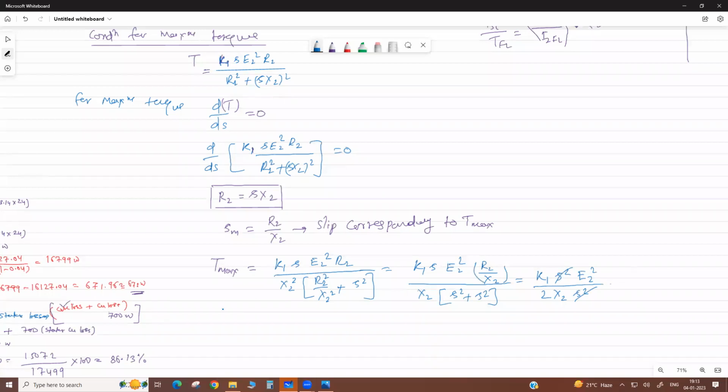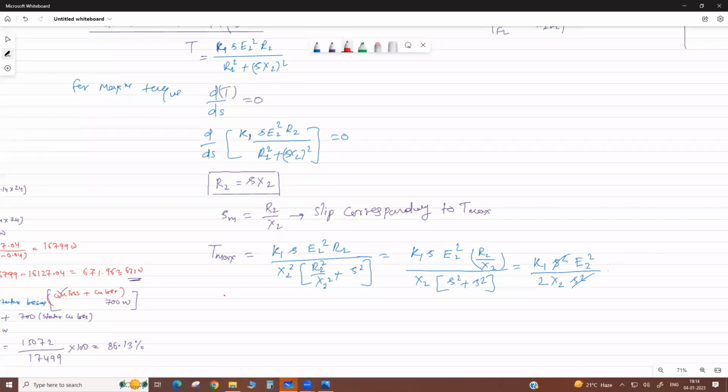Finally, this T maximum will come K1 times slip into E2 square by 2X2. So this is the equation for the magnitude of maximum torque. This is the 5. So there is a starting torque, there is a full load torque, there is a maximum torque.